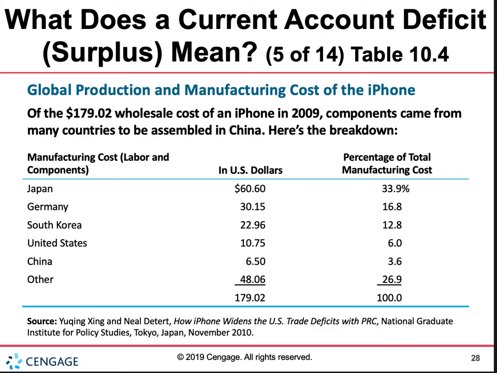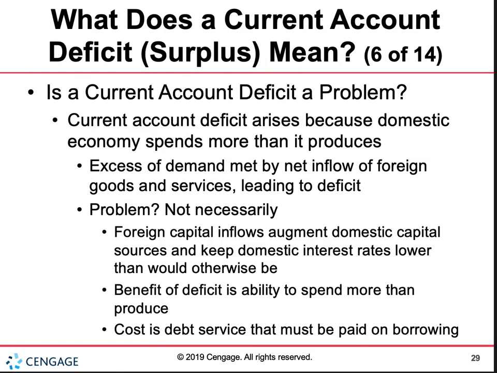These are the manufacturing costs, including labor and components. In US dollars, the labor and components cost is the most from Japan, which is $60, so the percentage of manufacturing cost is 33.9. China does minimal work in this production process, at around 3.6%.